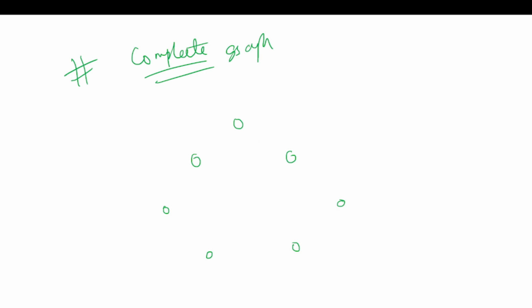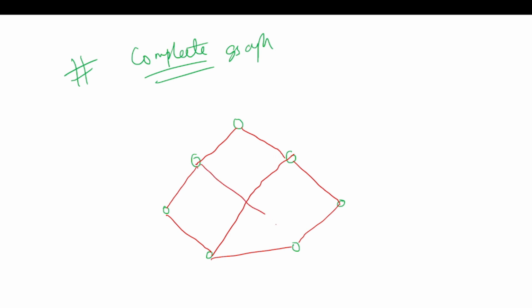Let me change the color. Okay, so I'm connecting here, here, this will connect to here, here, here, here, here. Now all these nodes are connected. Still we will connect each other like this. You got my point?